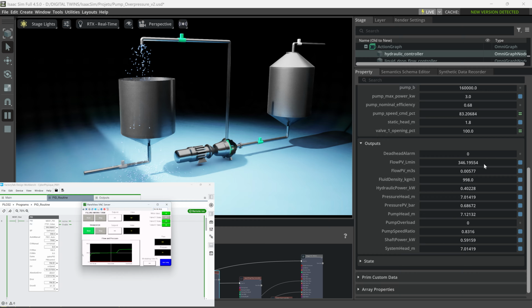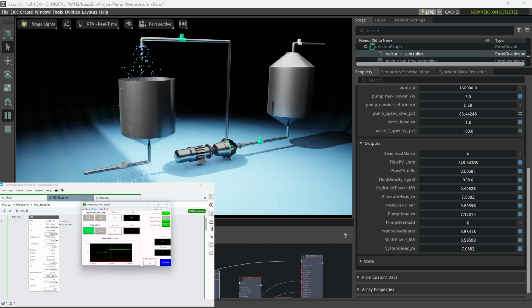Cyber-physical simulation is not just about visualization. It connects automation systems with engineering models to understand how industrial processes truly behave.